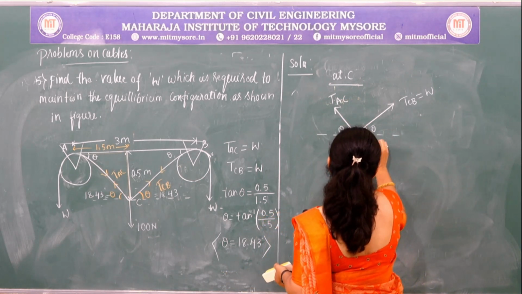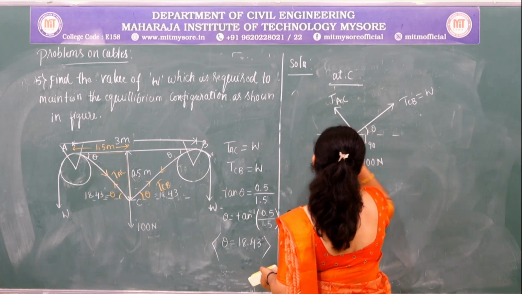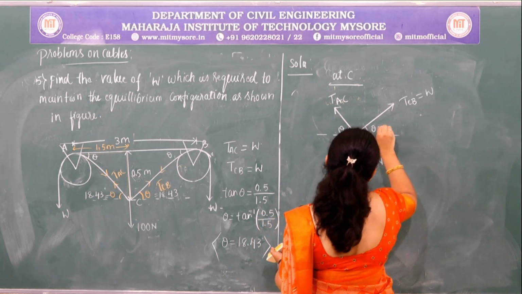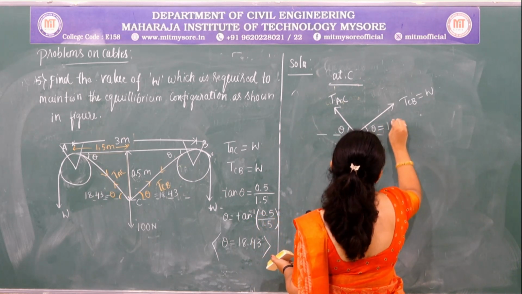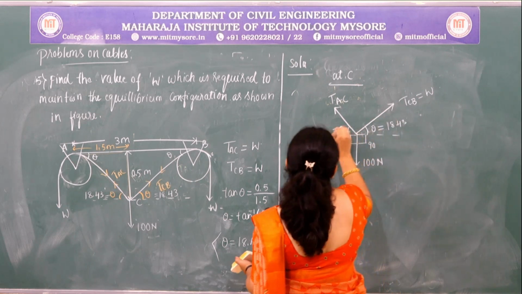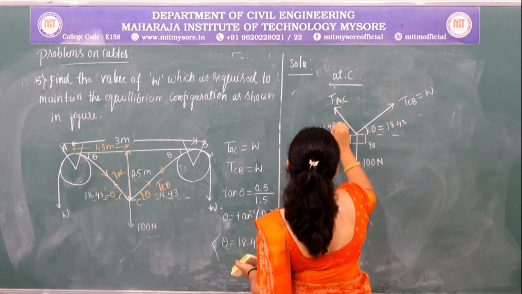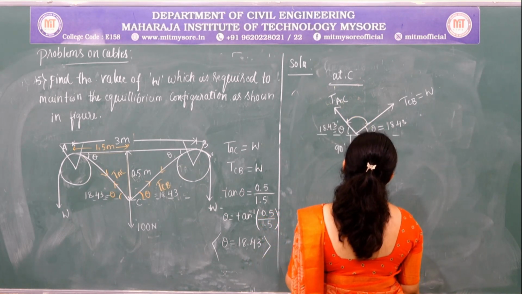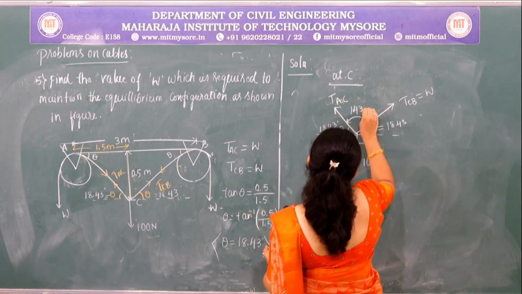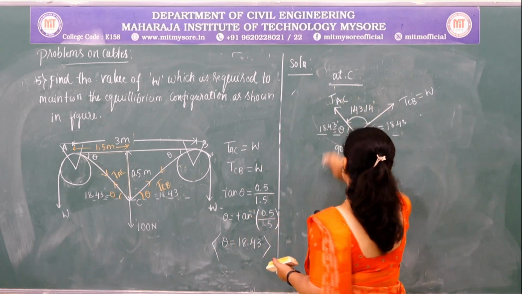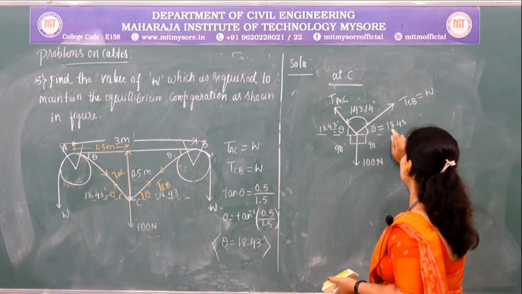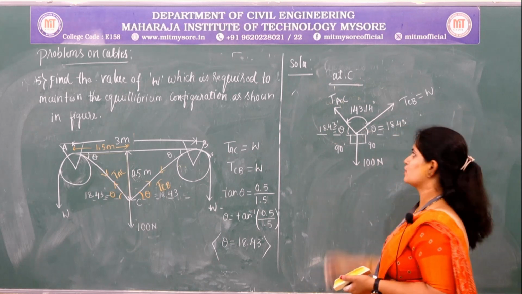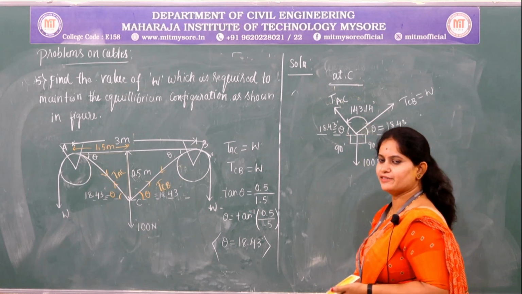So this is 90 degree and this is also equal to 90 degree. So theta is 18.43 degree, and this is also 18.43 degree. So the remaining angle will be equal to 143.14 degree because the total angle is 180 minus 18.43 plus 18.43, which gives 143.14 degree.